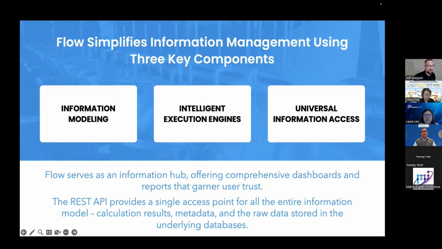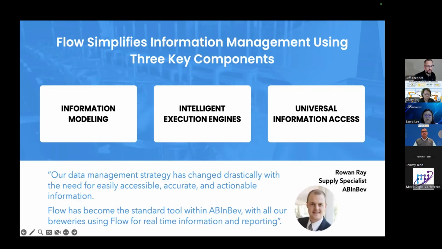This has worked for many companies around the world. One of our longest standing customers is AB InBev. Rowan Ray, a longtime Flow user and specialist in supply, said, hey, our data management strategy has changed drastically with the need for easily accessible, accurate, and actionable information.